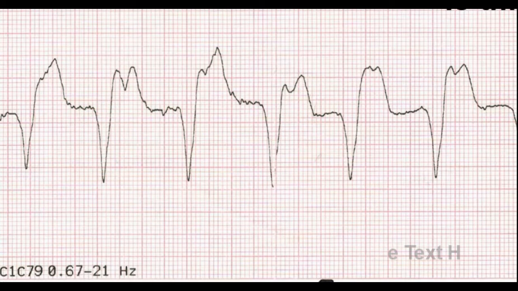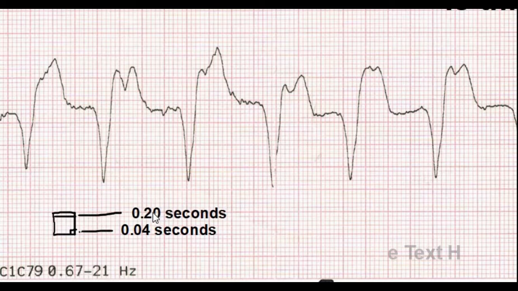You'll notice that these rhythm strips are all printed out on graph paper, and the graph paper has big boxes on it, and it has little boxes on it. The little boxes here are equal to 0.04 seconds. 5 of those across are the equivalent of 0.20 seconds.